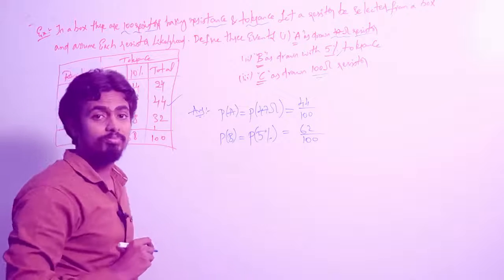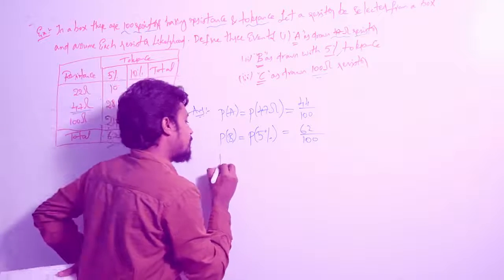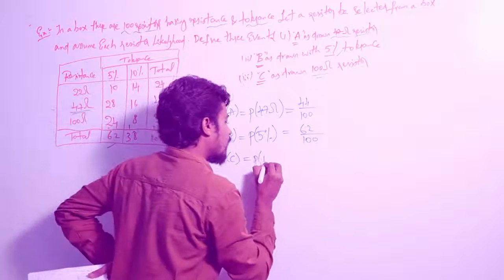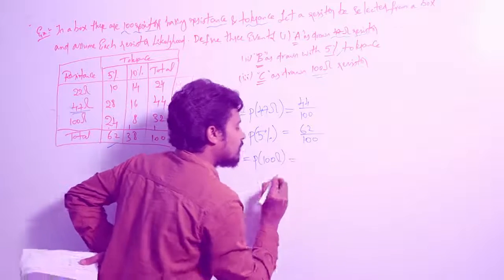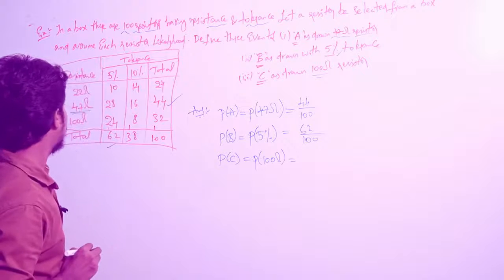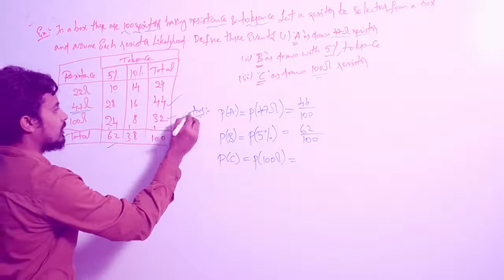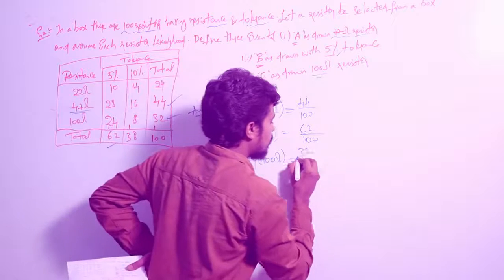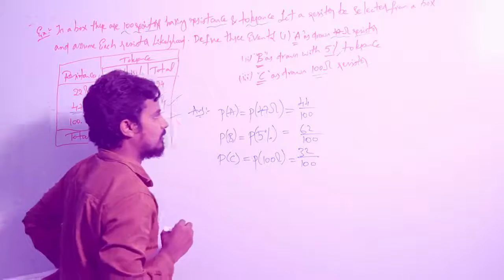That will be drawn 100 ohm resistor. P of C will be equal to P of 100 ohm, which means you will get the total as 32. That will be equal to the 32 divided by 100.